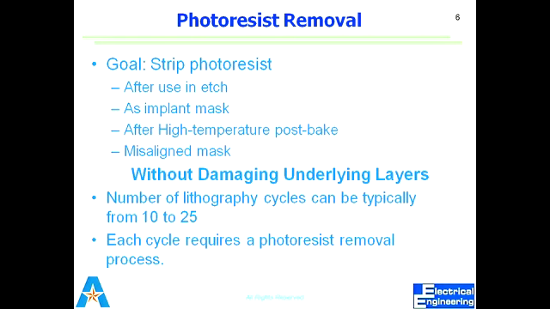Because if you're working on a device and you need to use more than one mask for that device, each layer of the mask needs to be aligned with each other, and we use different types of alignment markers.